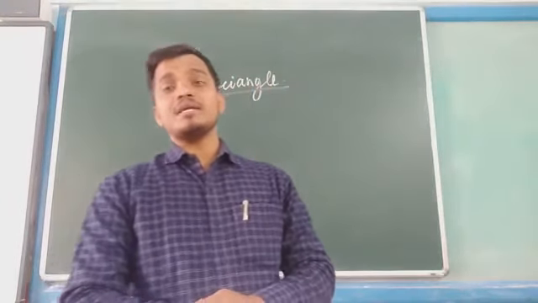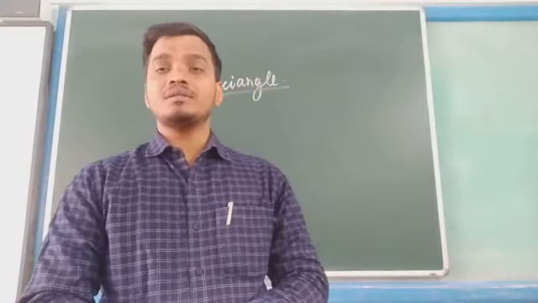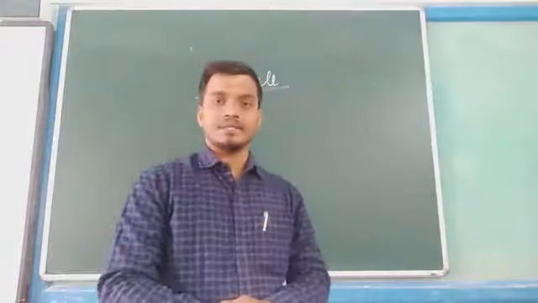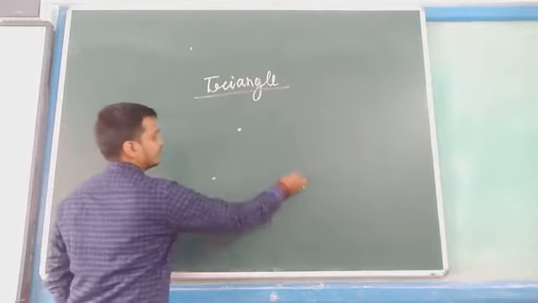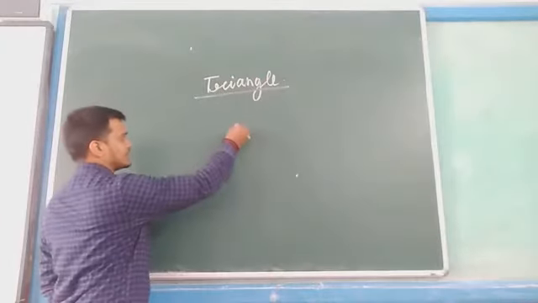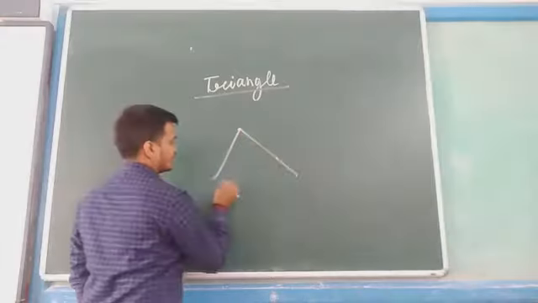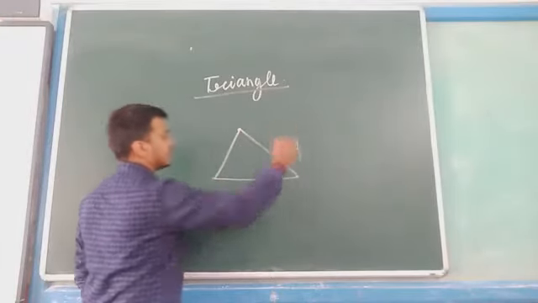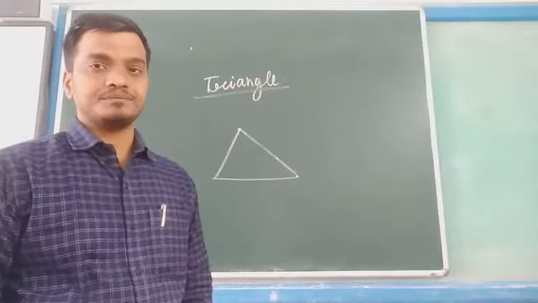So to frame any triangle, we want three non-collinear points. If you take any three non-collinear points this way, and you join all the points through lines, this generated figure is known as a triangle.